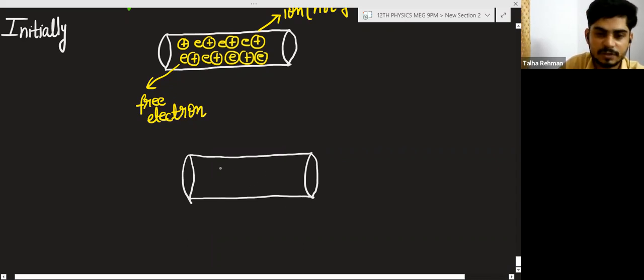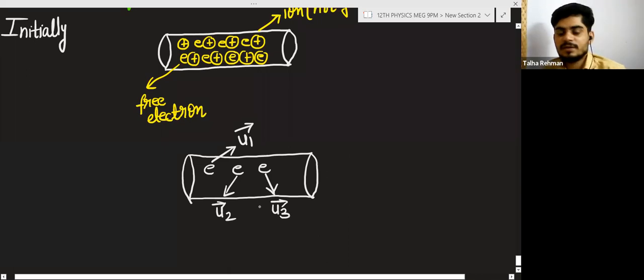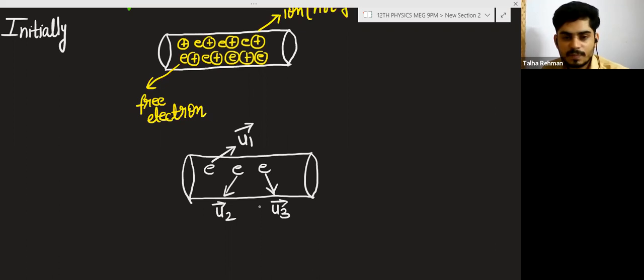So initially, these electrons have velocities in random directions, like this is u1 in this direction, this is u2 in this direction, this is u3 in this direction, and accordingly there are many electrons inside the conductor. So they have velocities in random directions, like gas molecules.